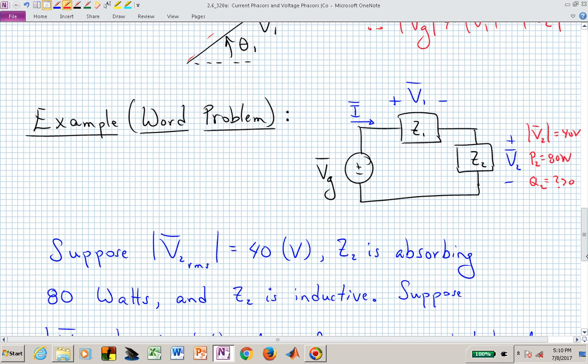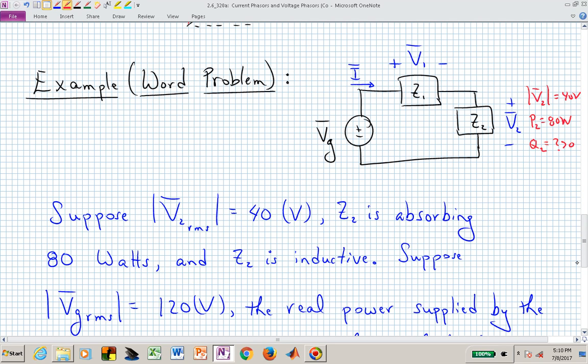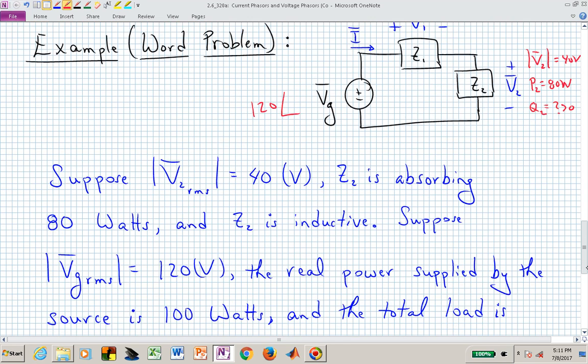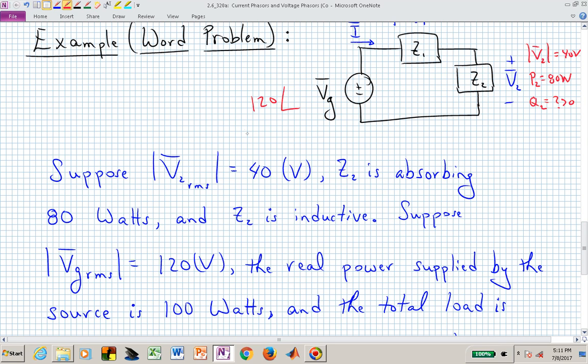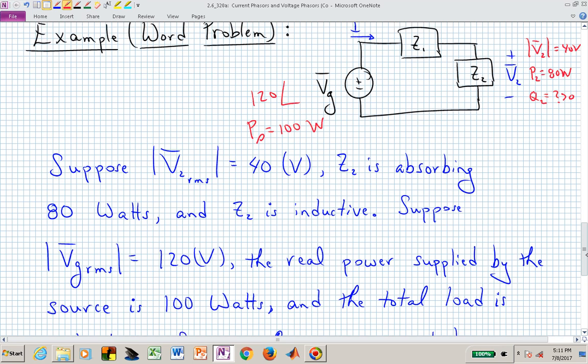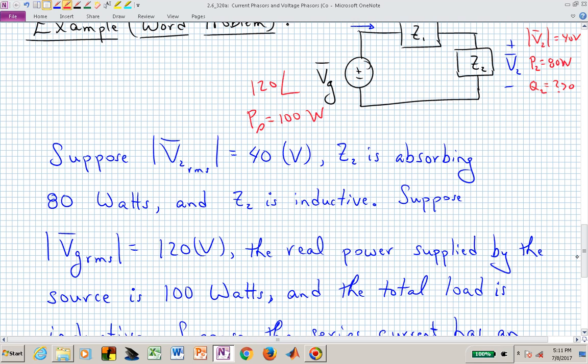reactive power. Suppose that the source is now 120 volts in terms of its magnitude, and the real power supplied by the source is 100 watts. So now we know that the source, and I may label that subscript S, subscript G, has 100 watts, and the total load is inductive.